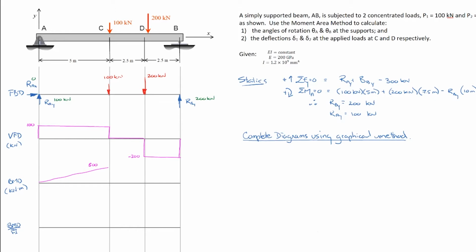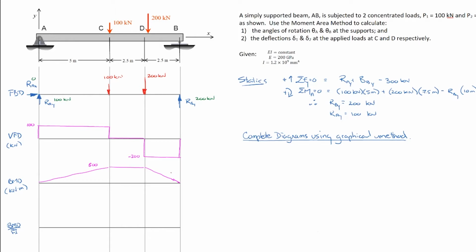It stays constant because there's no shear between there and there. And then the negative 200 shear brings it back to 0 at B. Well, my pen's getting a little stuck there. And we have our bending moment diagram.